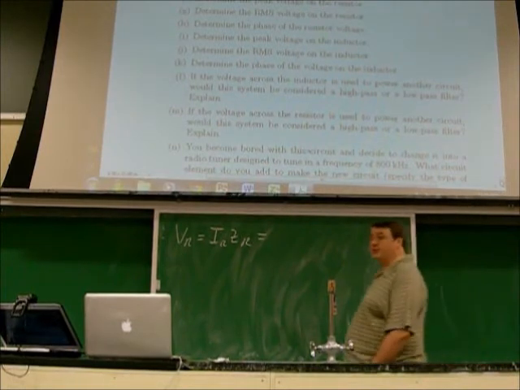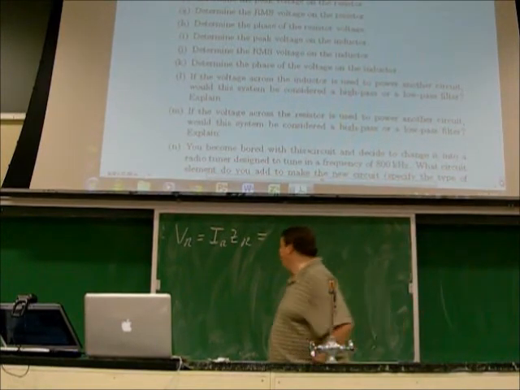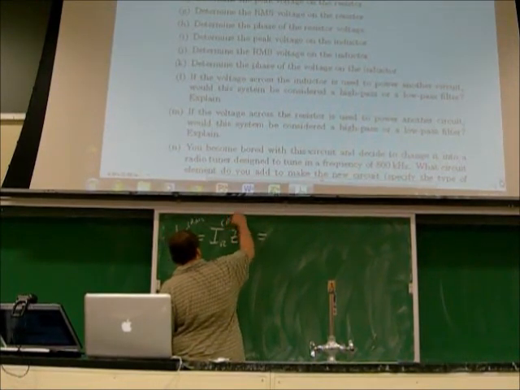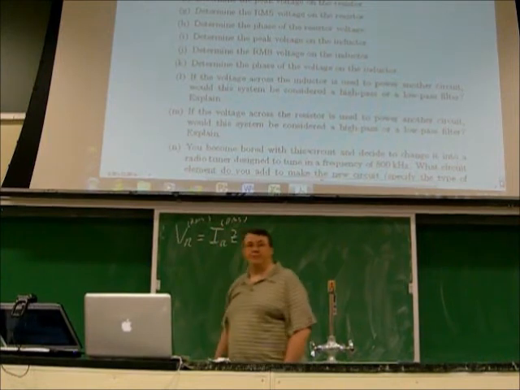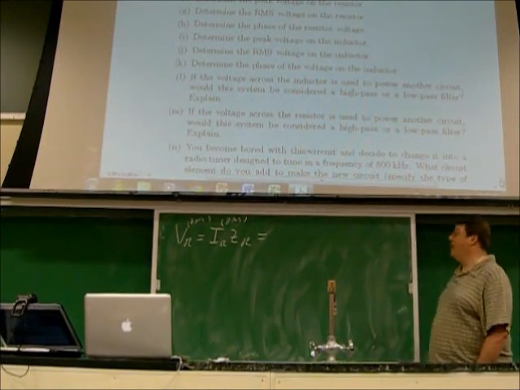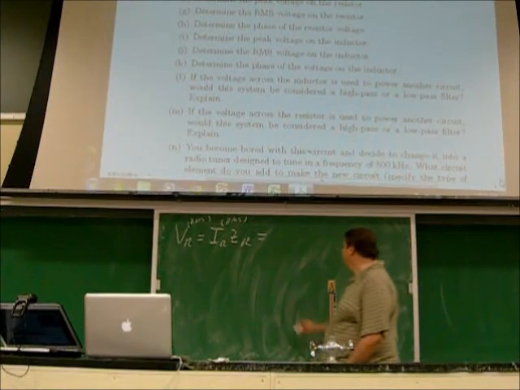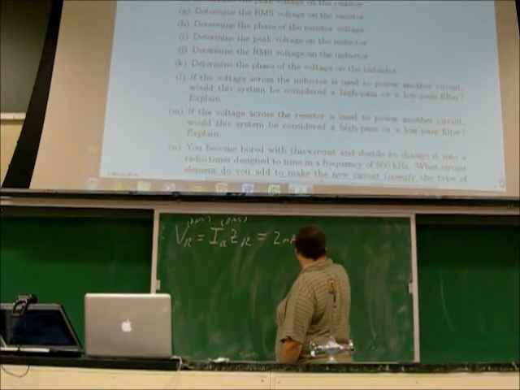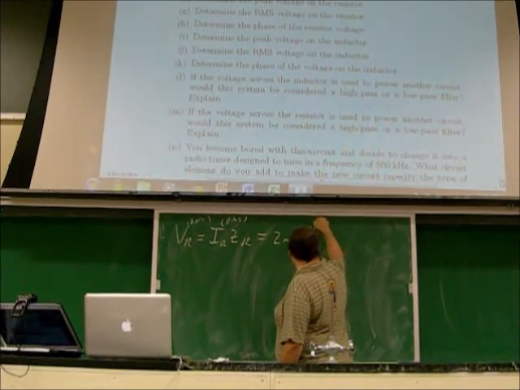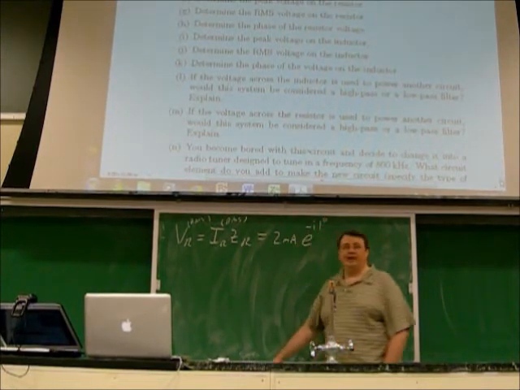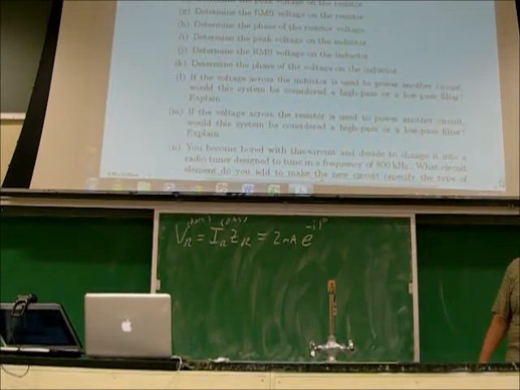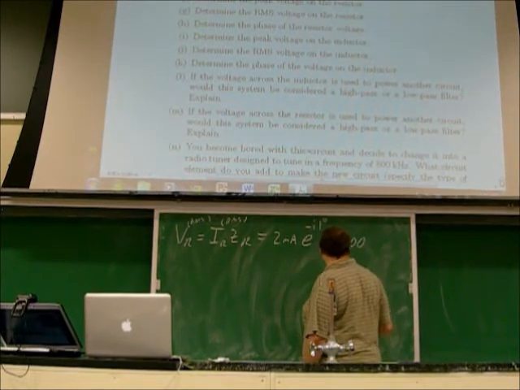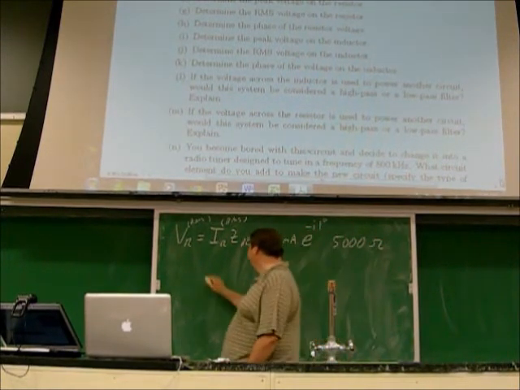Now, just for fun, I'm going to do this first as RMS, just to be different. Okay? In that case, the RMS current is 2 milliamps, e to the I minus 1 degrees. And the Z of the resistor is 5,000.